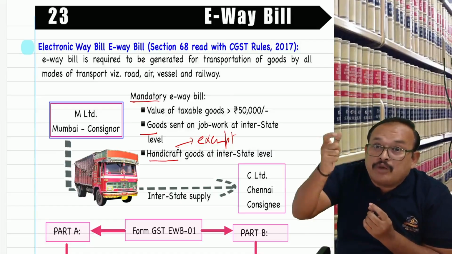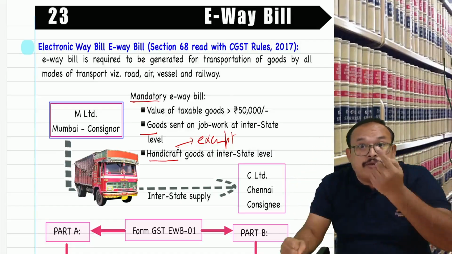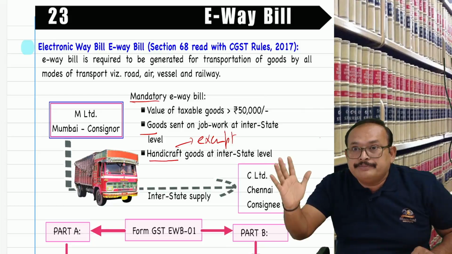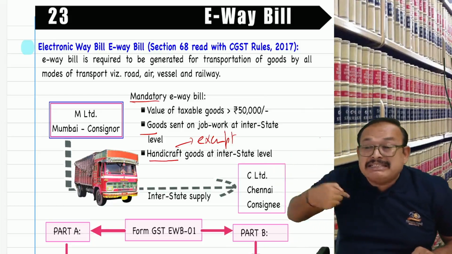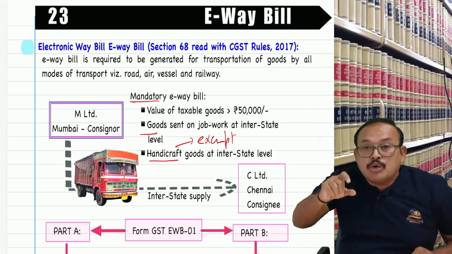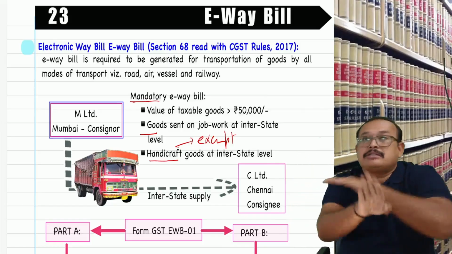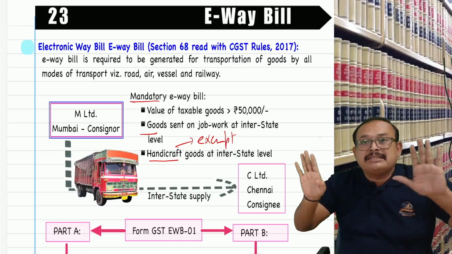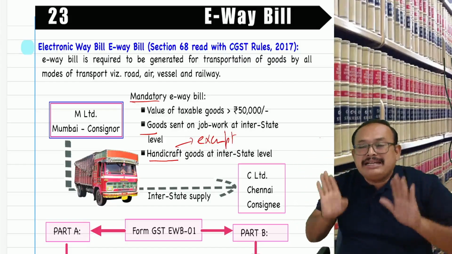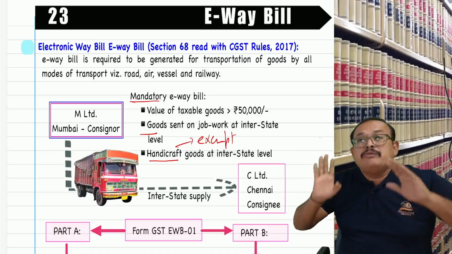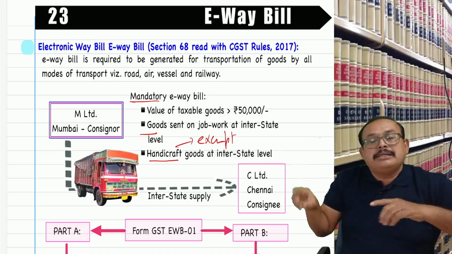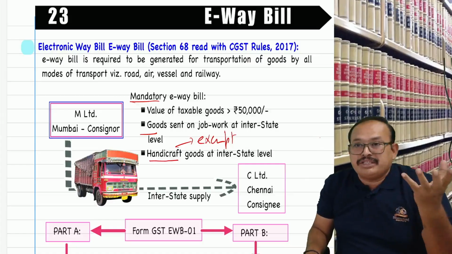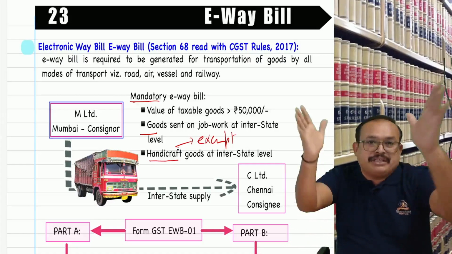For interstate outward taxable supply of goods, even 1 rupee, registration is mandatory. Get my point, sir? From that provision, this handicraft goods supplier is exempted. As a result, whether he supplies goods intrastate or interstate, he is exempted from registration and from the payment of GST.